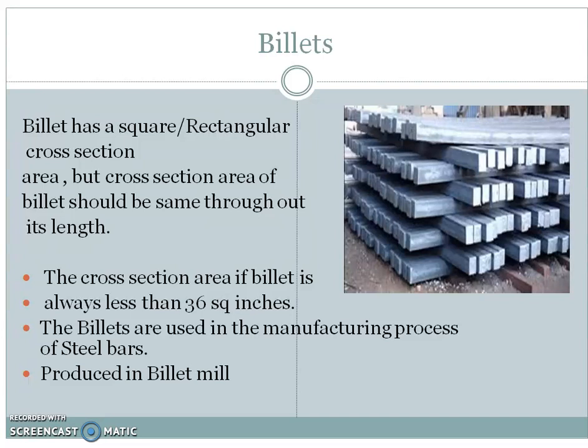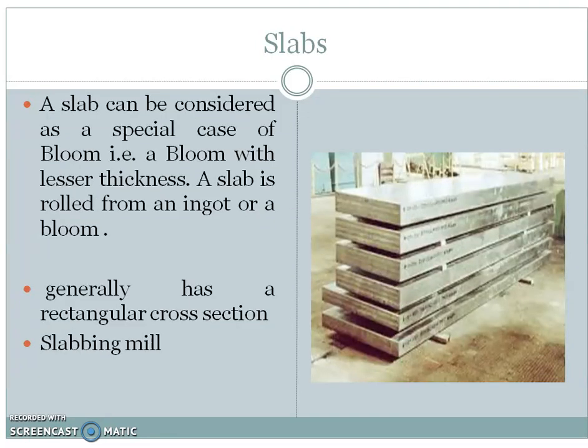For steel bar creation, billets are used. They do not use ore, ingots or blooms directly. From ore they convert to billets, and from billets to steel bar. Stage by stage they manufacture the steel products.